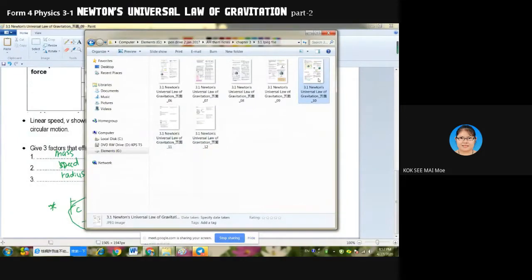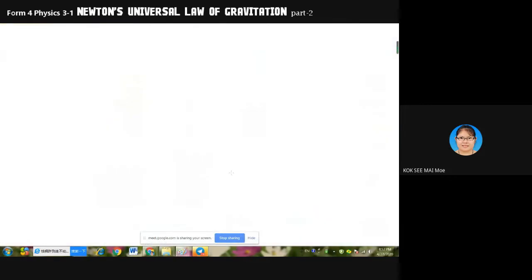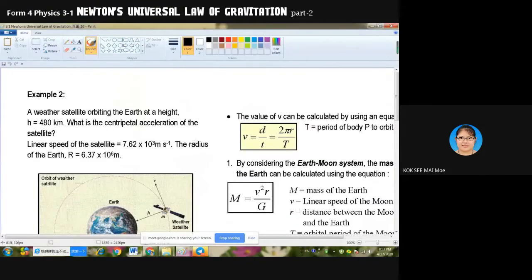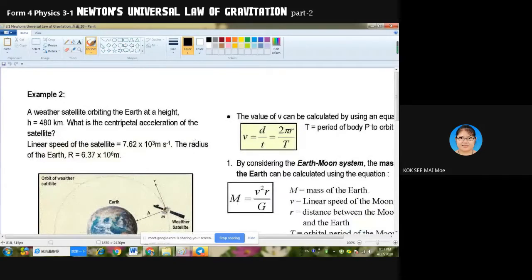The next one should be this one. We can see example 2. Example 2 is talking about the satellite, now it's outside going in a circle. Now we see the info first before we find anything.